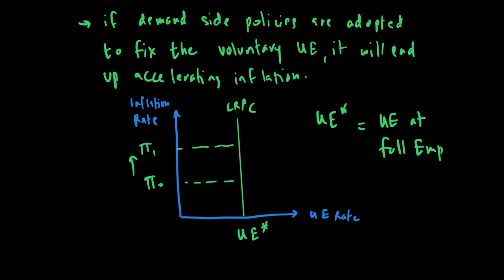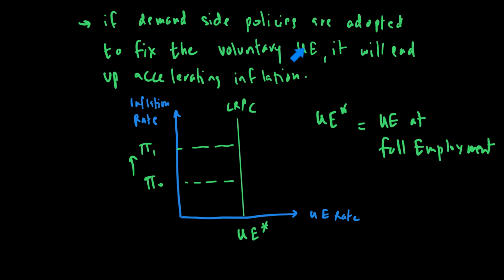Now, I want to go back to discuss what monetarist view is about long run and full employment, which is something which we discussed earlier. But let's just quickly recap this. That the idea goes this, that according to the monetarists, there will be full employment in the long run. So there will not be any unemployment in the long run. The only unemployment that happens in the long run, which happens at full employment, is what we call voluntary unemployment.